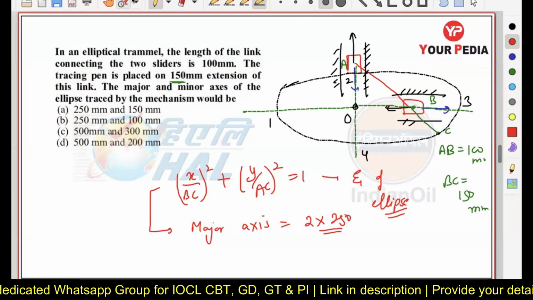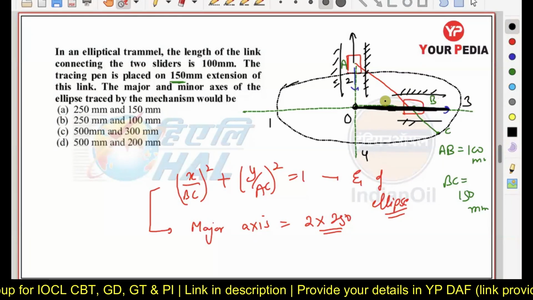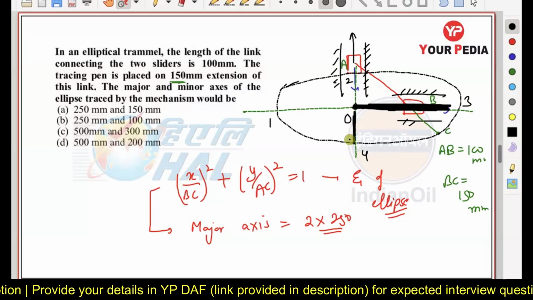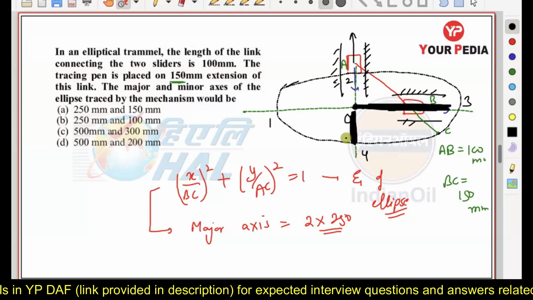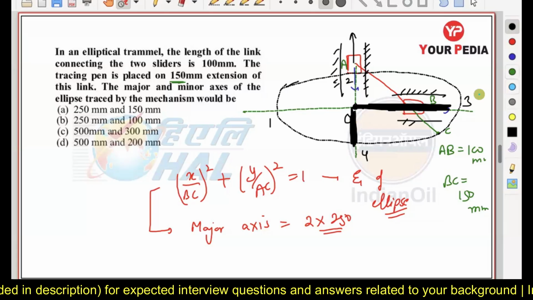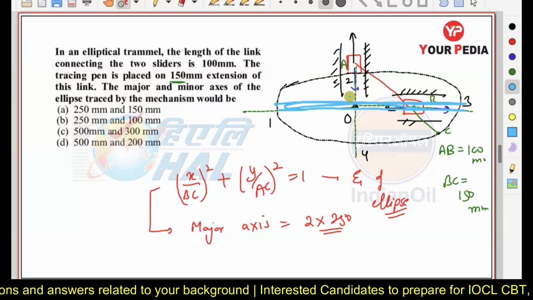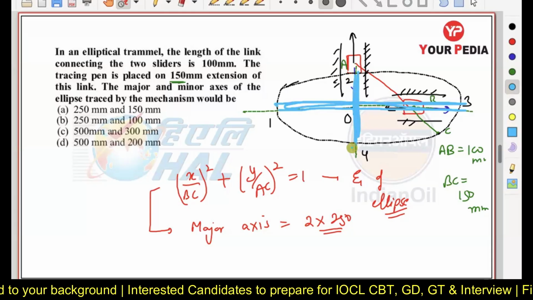This vertical line is representing the semi major axis here. This vertical line is representing the semi minor axis here. So now you can see this whole line, this complete line is representing the major axis, and this complete line is representing the minor axis here.